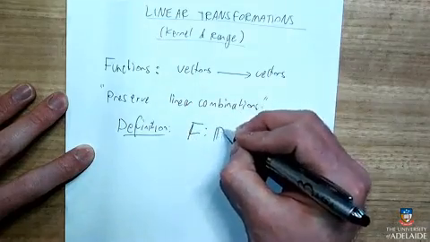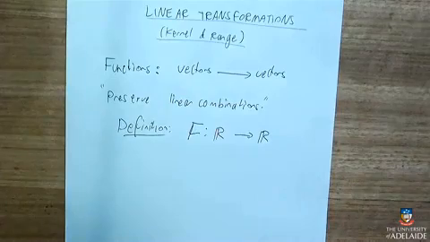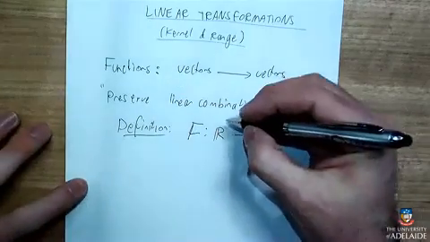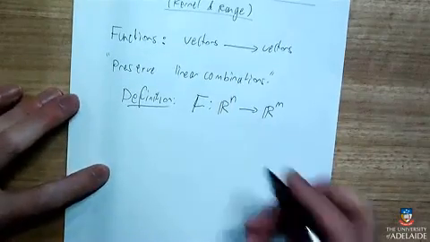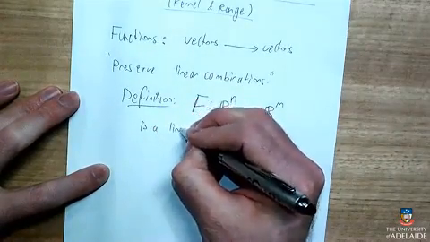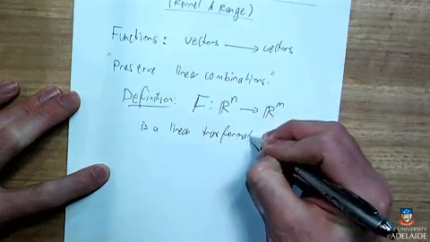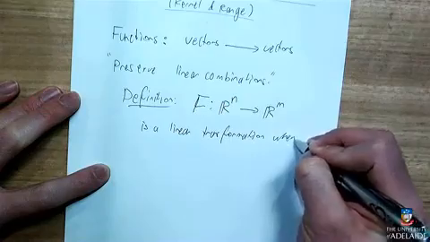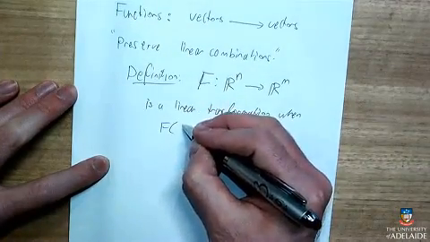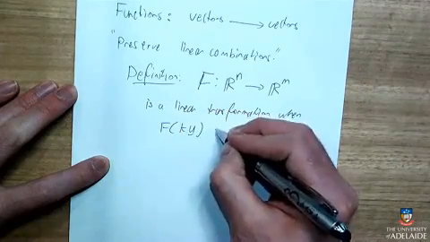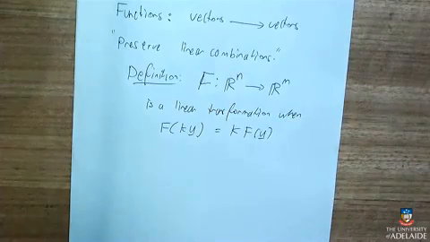f which sends R something into R something, it doesn't really matter what the letters are, is a linear transformation when, if you do a scalar multiple first, it's the same as doing the scalar multiple afterwards.